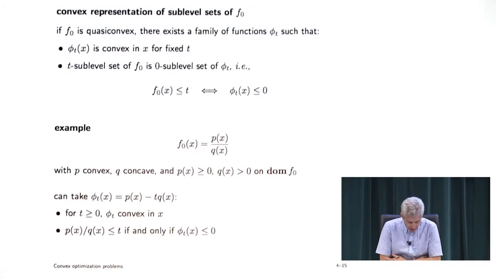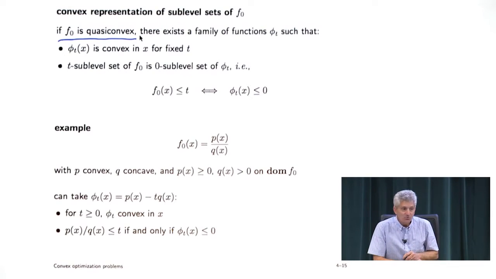Okay, so how do you solve such problems? The general technique is this. If a function is quasi-convex, what you do is you write a description of its sublevel sets in terms of convex functions. So the idea is you make a function phi sub t of x. It has to be convex in x for each t.